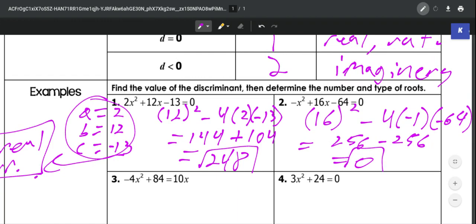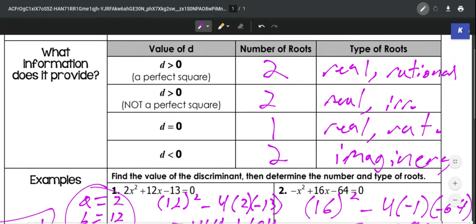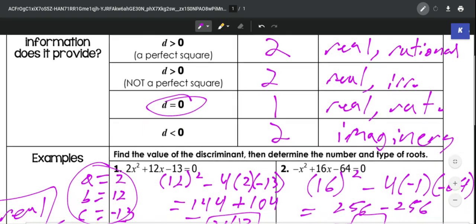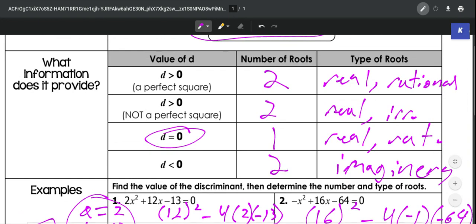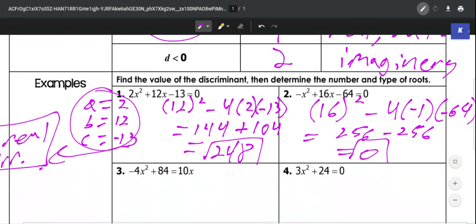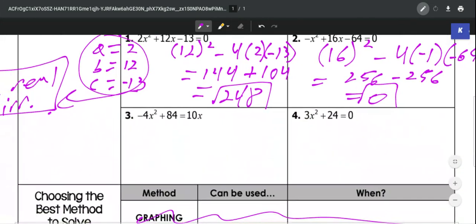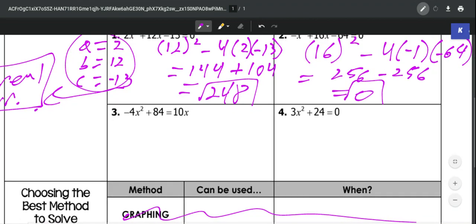So our discriminant for number 2 is 0, and that leads us to this column. When the value of the discriminant is 0, that means we're going to have one root, and it's going to be real and rational. That's all you would have to write for this. You would just say 1 real rational root.